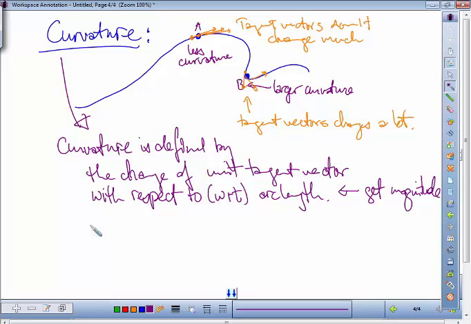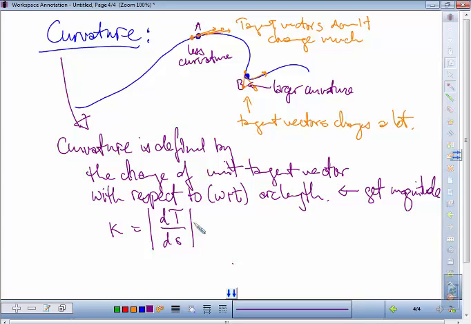So the formula goes like this. I know it looks like a K, but it's a lowercase kappa, a Greek letter. And it's the magnitude of the derivative of the unit tangent vector with respect to the arc length, s. So in general, when you see s, you have to assume that it's arc length. Okay?